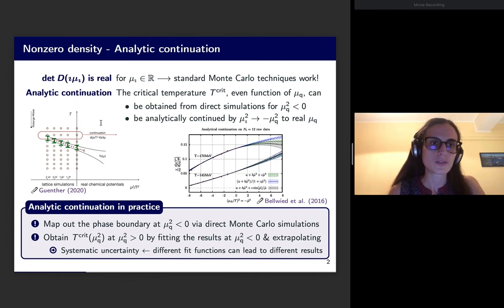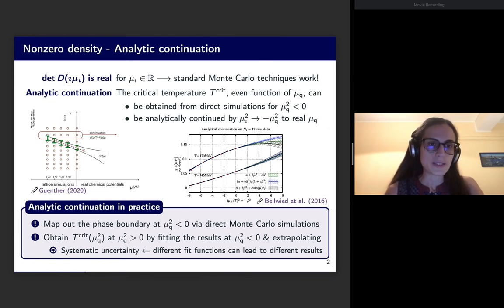And then you can do analytic continuation, in particular when it comes to evaluating the critical or pseudo-critical temperature, which is an even function of the quark chemical potential, and that can therefore be obtained from direct simulations for all values of mu_q squared smaller than 0, so for imaginary values of mu_q. And then it can be analytically continued according to this mapping of mu_I squared into minus mu_q squared to real values of mu_q.